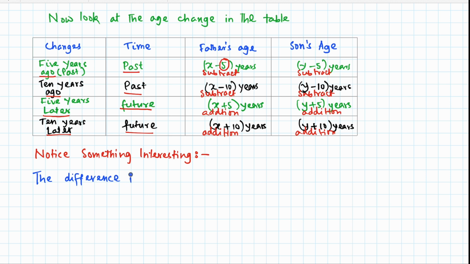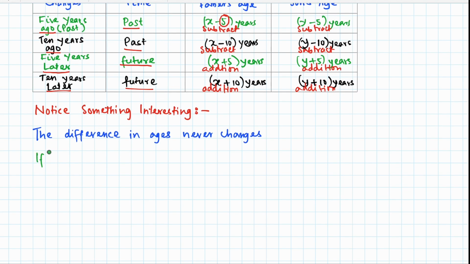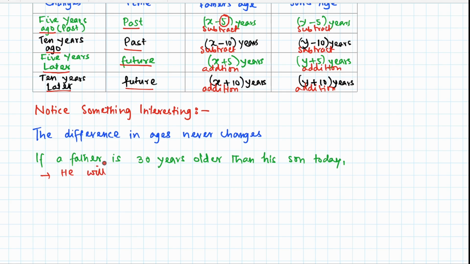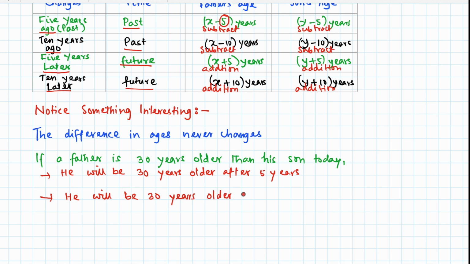The difference in ages never changes. If you see the difference of age between the persons, here father and son, you will find that if a father is 30 years older than his son today, he will be 30 years older after 5 years, and he was 30 years older 5 years ago.